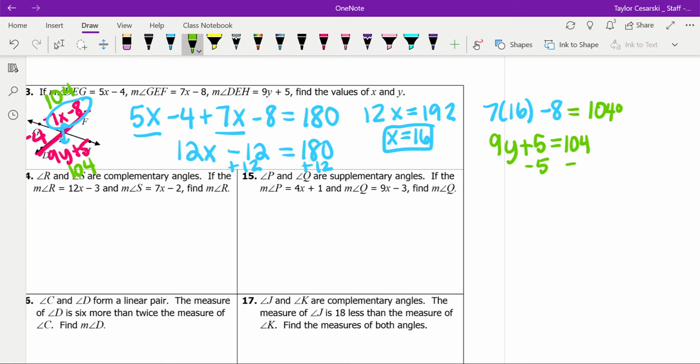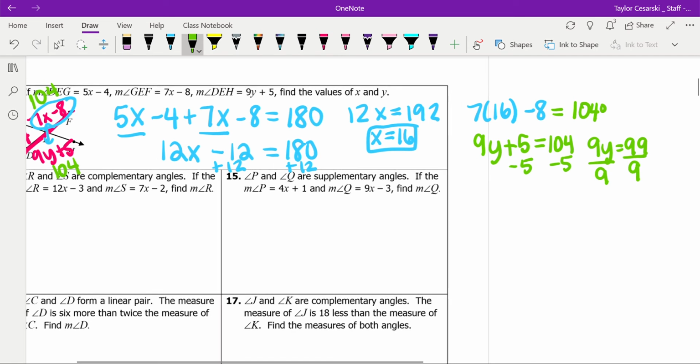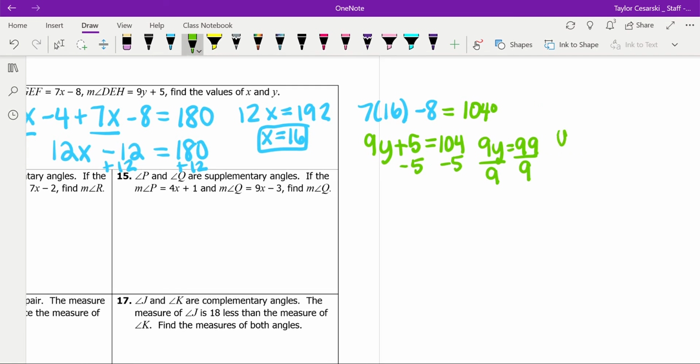Minus 5 from both sides. 9y equals 99. Divide both sides by 9. And y equals 11. So x equals 16 and y equals 11.